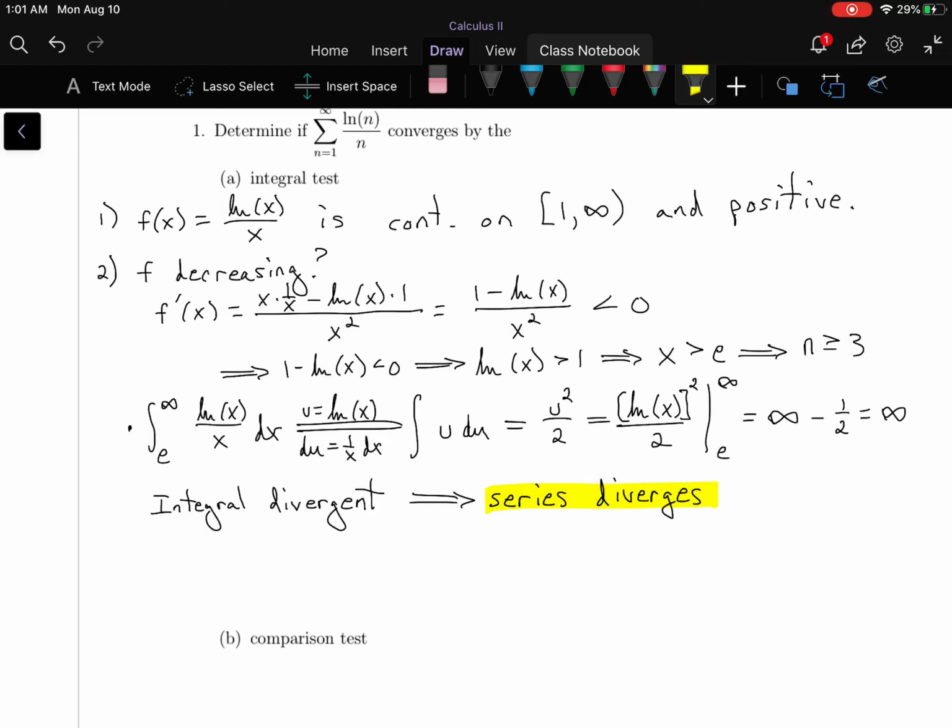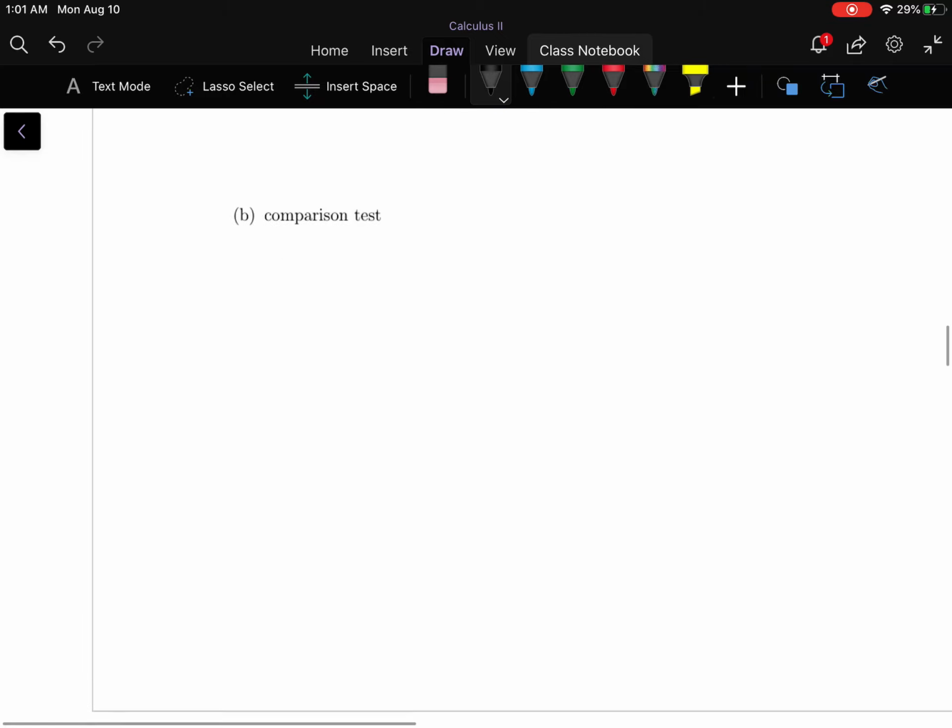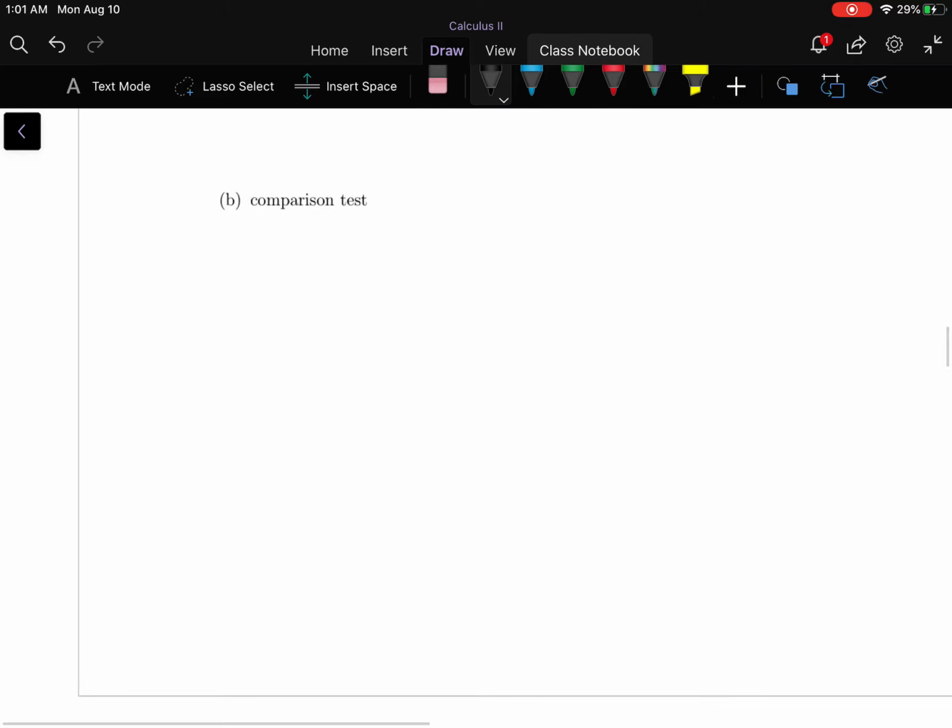Now let's figure out how to apply the comparison test. Again, we already know the answer now. We just need to figure out how to get it using the comparison test. So the comparison test notes that in part A, just to save some work, we saw that the natural log of n must be greater than 1.